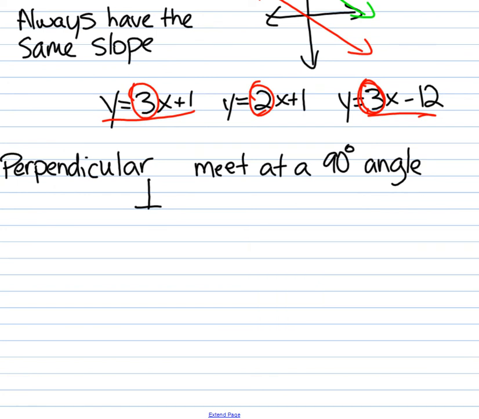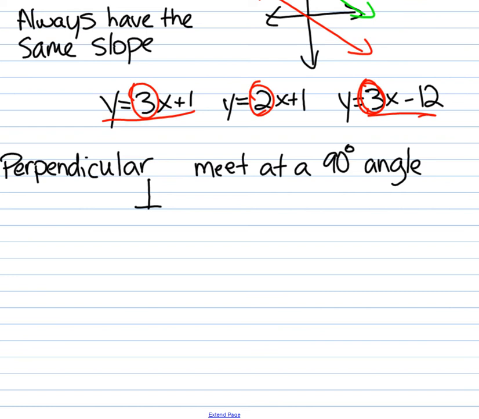Sorry. You'd have to go to Insert and then Math Symbols.